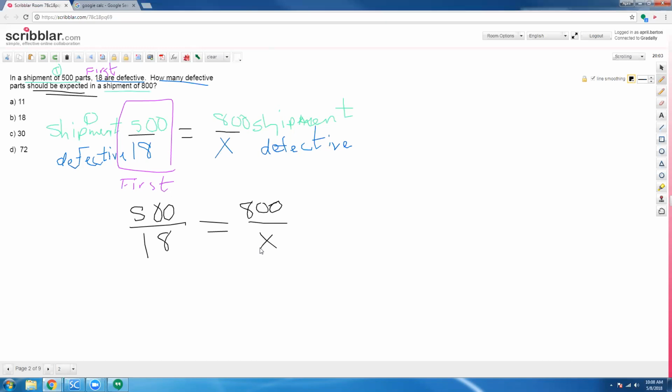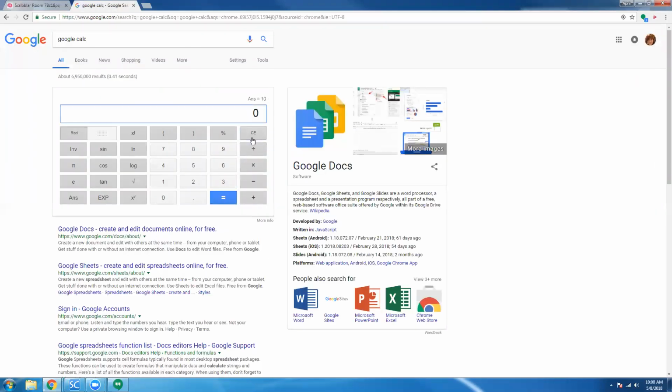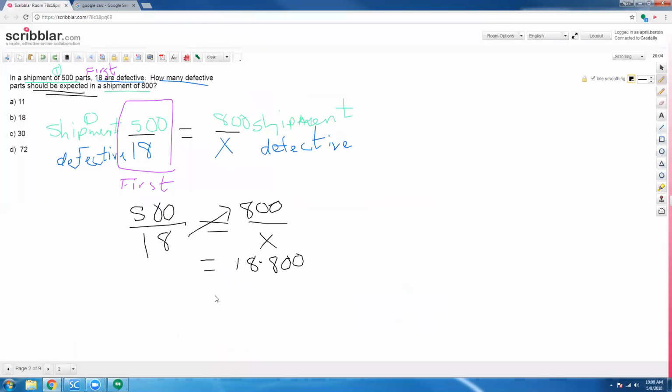If we're doing our cross multiplication, what do we multiply together? 18 times the 800, good. That's one of the directions. Which I cannot do in my head, so I'm going to plug that into a calculator. 14,400.